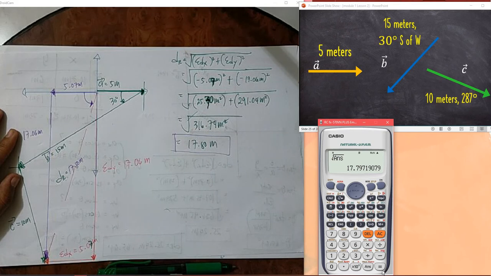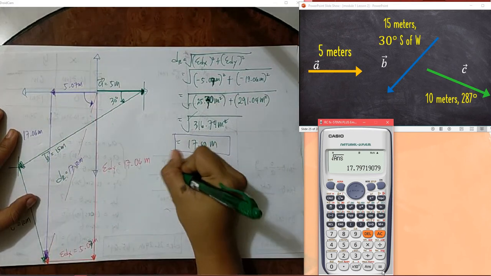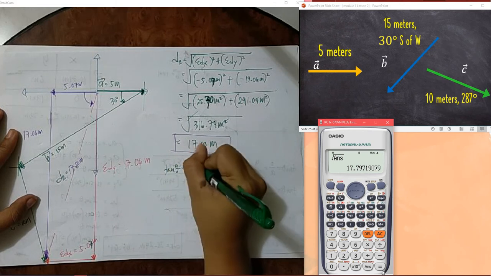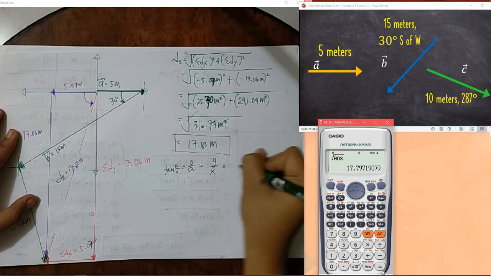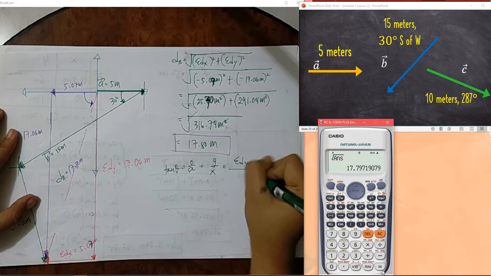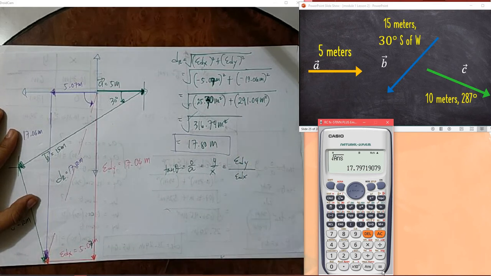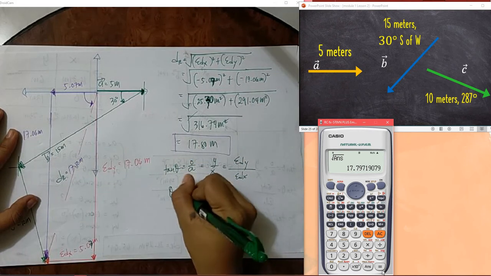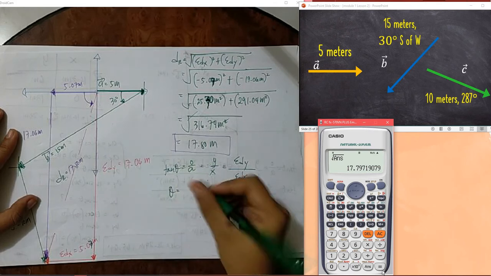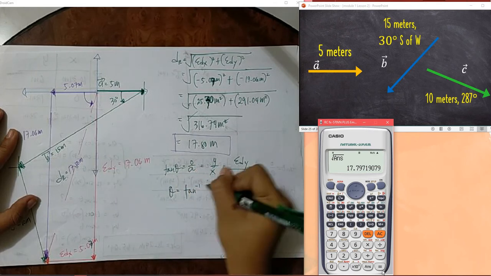Now that we got our values here, we can use now our tangent function. So we have tangent theta is equal to O over A, y over x, equal to summation of d sub y over summation of d sub x. Substitute na lang natin. We have theta is equal to arc tangent.